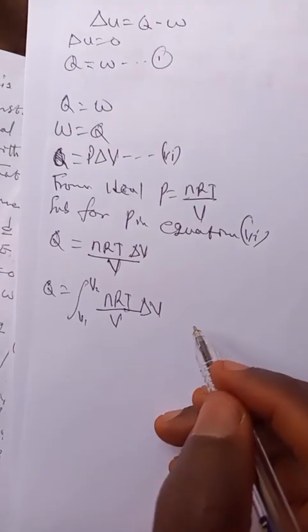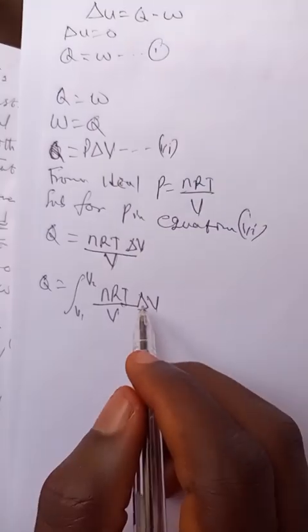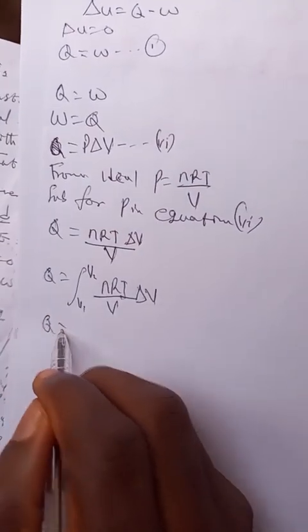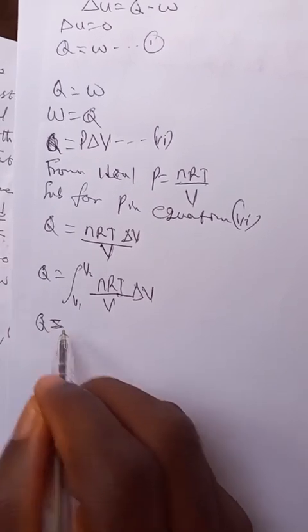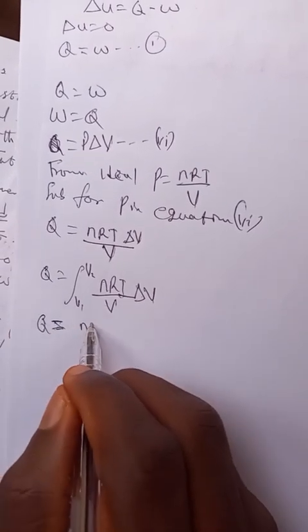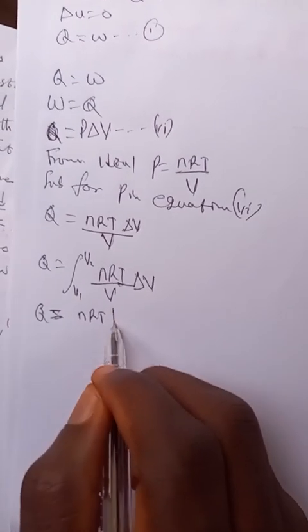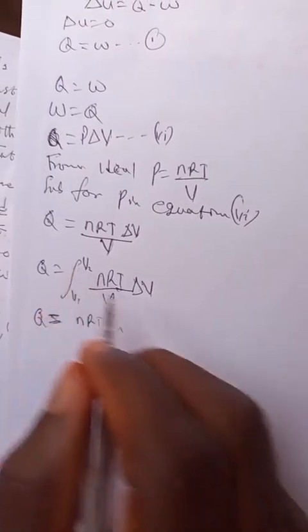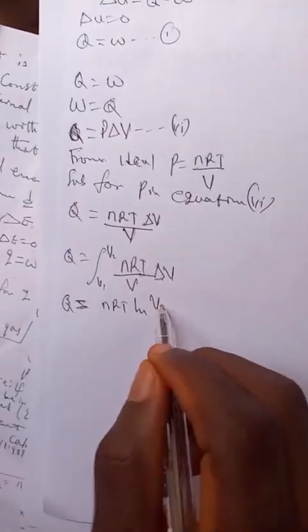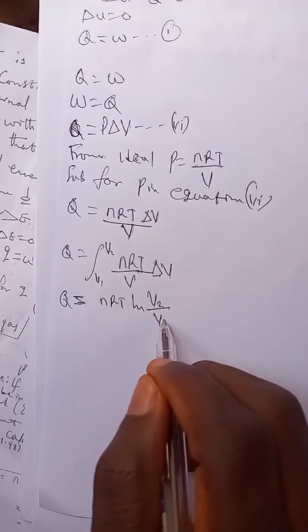From here, the integral cancels the delta, and it changes to ln, so we are going to have Q is equal to nRT ln V2 over V1.